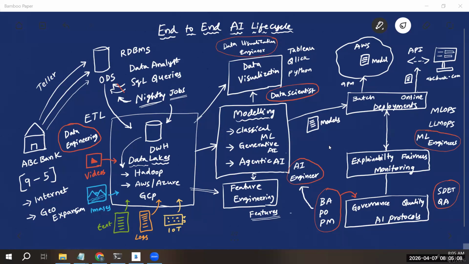But one thing I would like to end the session with is: irrespective of which role you are trying to take, please be mindful that AI is here to stay, and it has a very rock solid foundation. It's very essential for us to get equipped with the tooling.